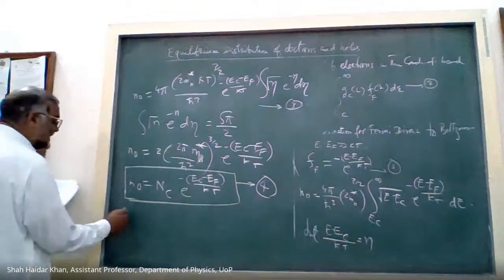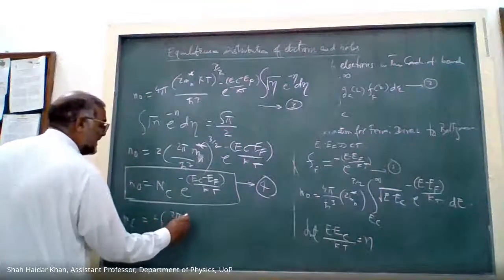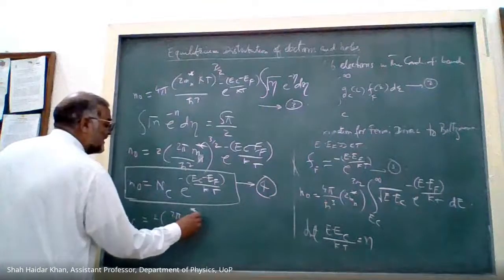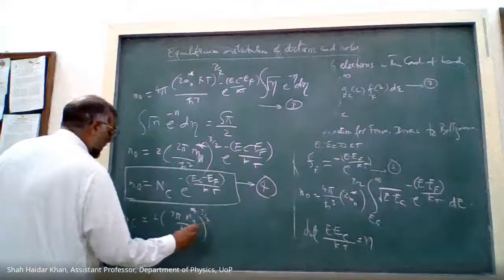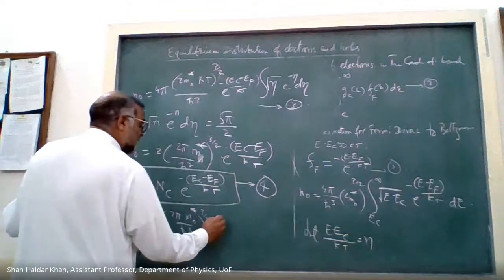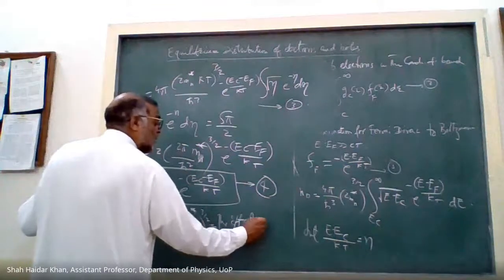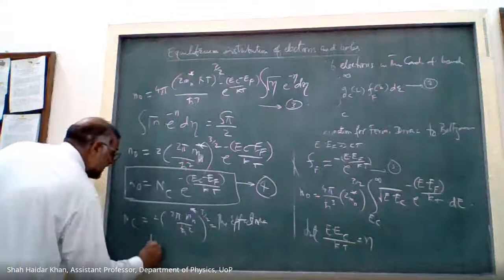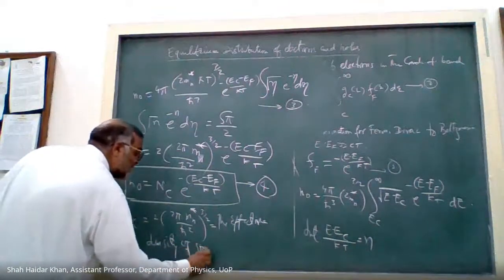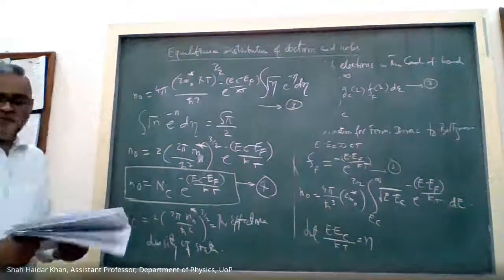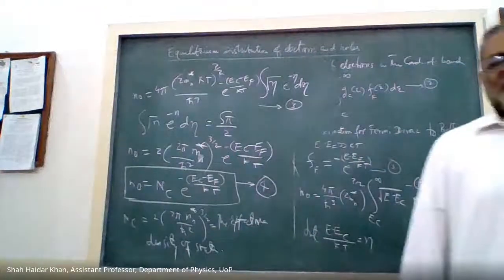So we call NC is equal to 2 pi m* over h squared to the power 3 by 2, which is the effective density of states.